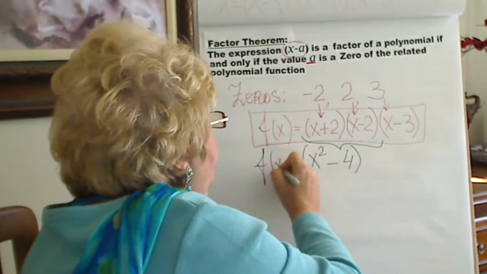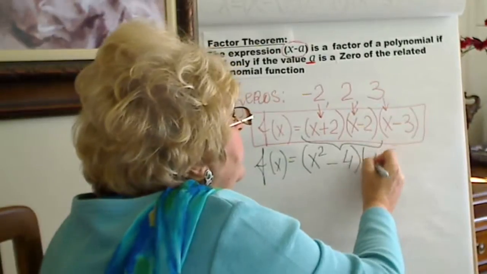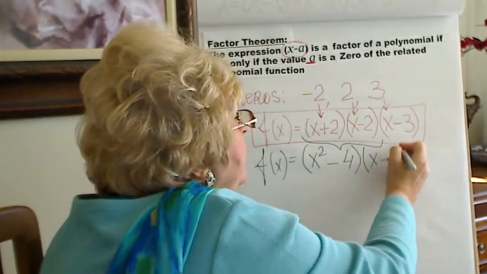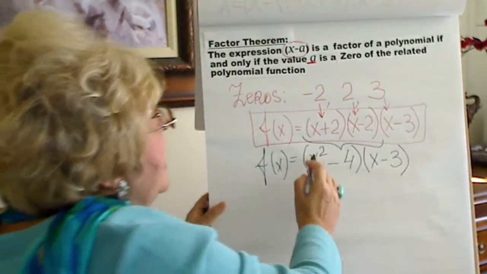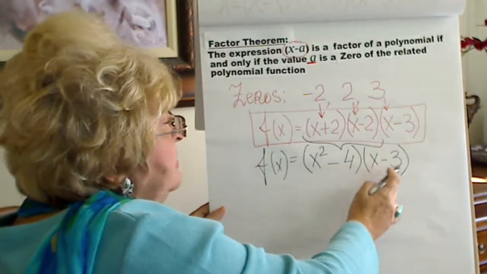Now we need to use FOIL and multiply x squared minus 4 times x minus 3.